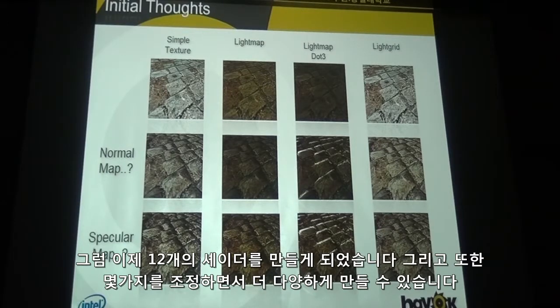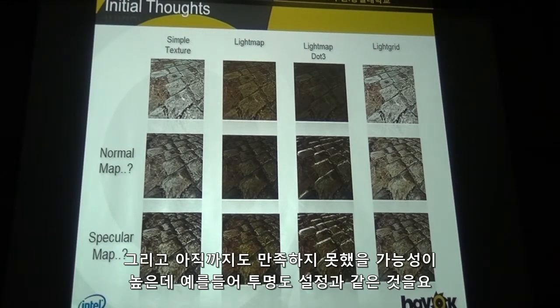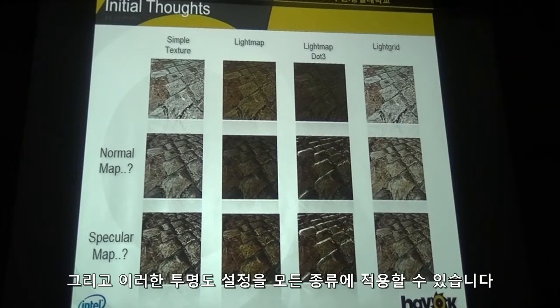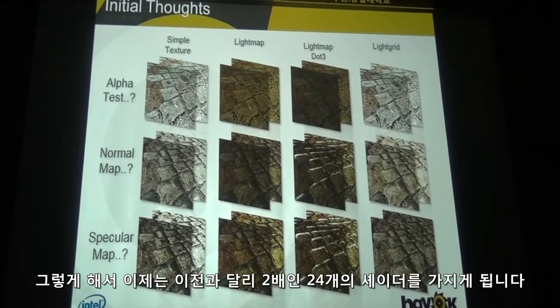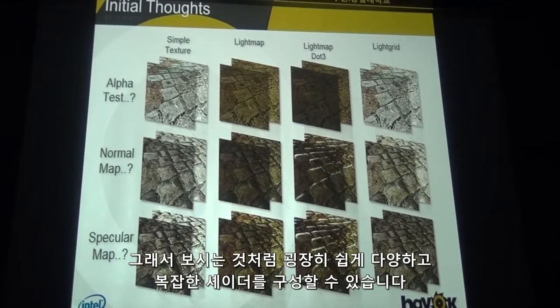And now you still maybe are not satisfied because you want to have transparent surfaces. And of course you need this transparency for every variation. So suddenly the amount of your shaders doubles again, and now we have 24 shaders to maintain. You can see that it's easily getting very complicated, even though you just want to display the texture.